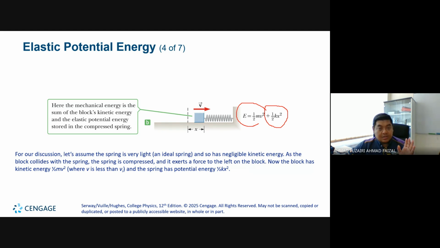When it collides with the spring, it obtains some x, so there is elastic potential energy. But if the object is still moving, it contains some v final. Remember, v final is not equivalent to v before the collision, because v before collision has a higher value compared to v after collision.